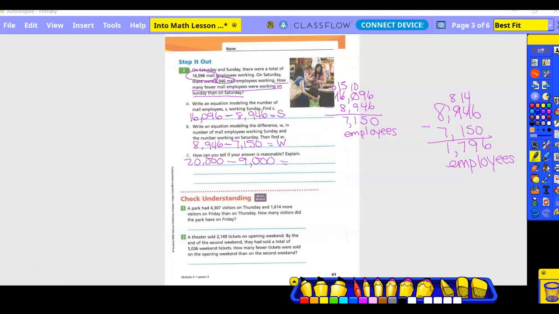Which would equal what? What's 20 minus 9? 11,000. And then we would have had to take that 11,000 minus 7,150. What's that close to? 7,000, which would have got us 4,000. So is 4,000 close to 1,796?